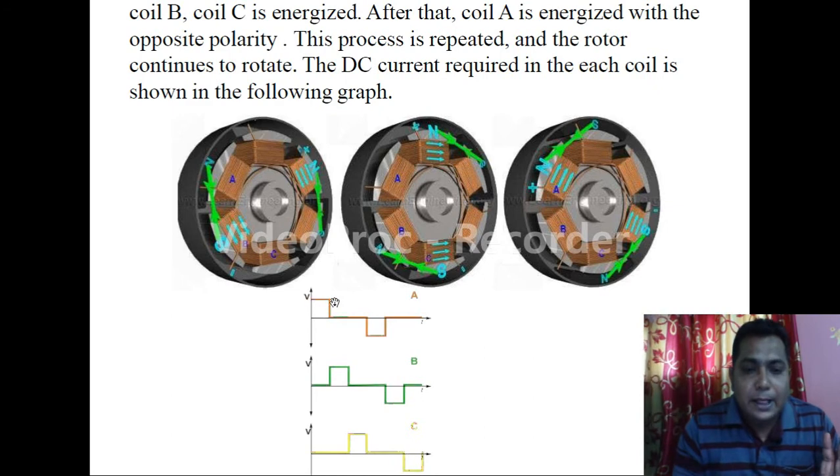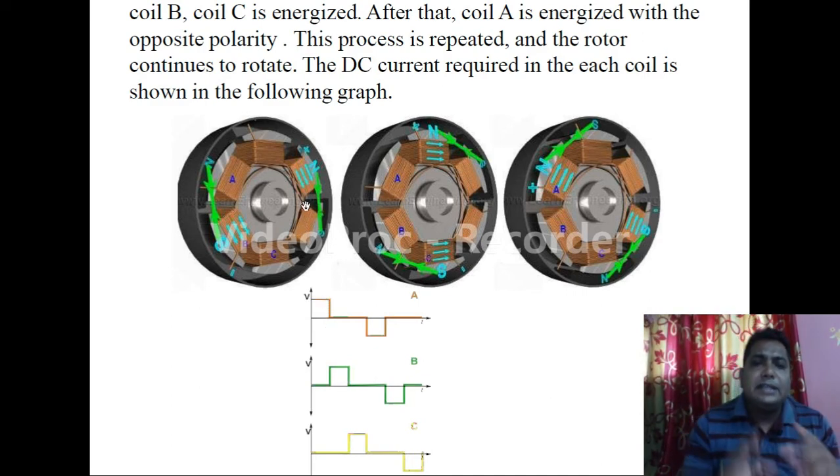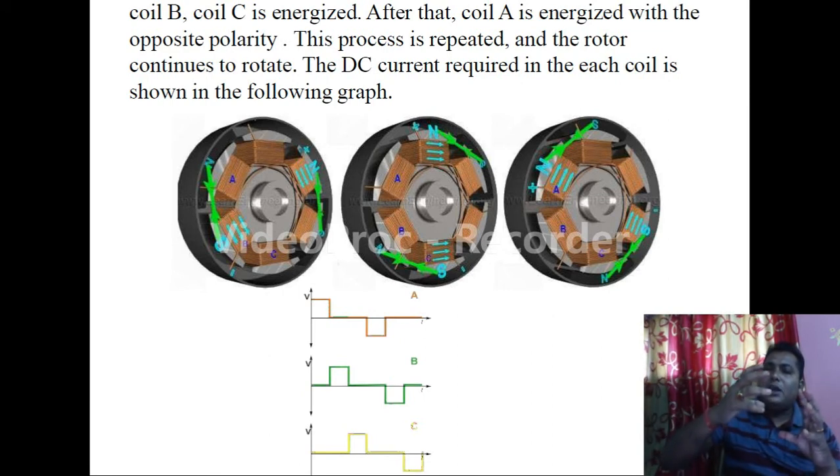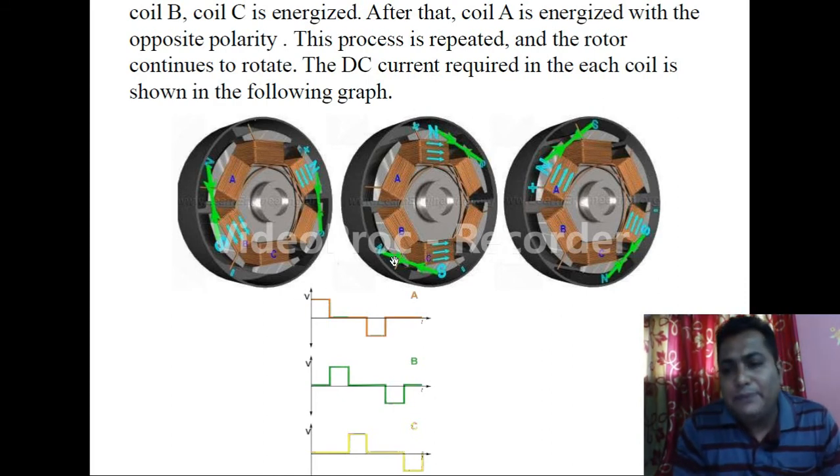Then when it is completed, the supply is given to phase B. So the A coil will be energized, and due to that the rotor will rotate up to some angle, and then coil B is energized automatically. The rotor again will rotate some angle. Again the C phase will energize.